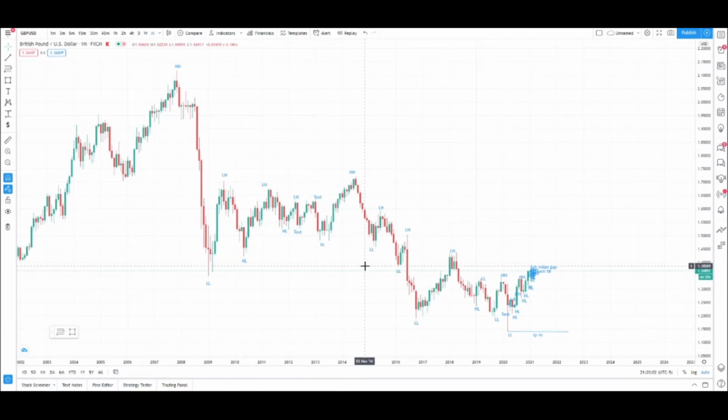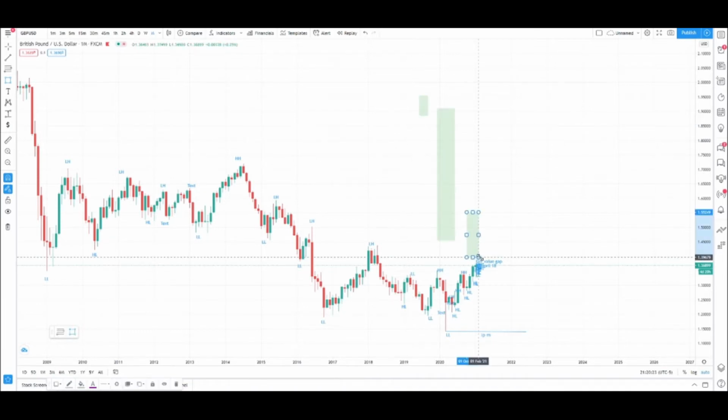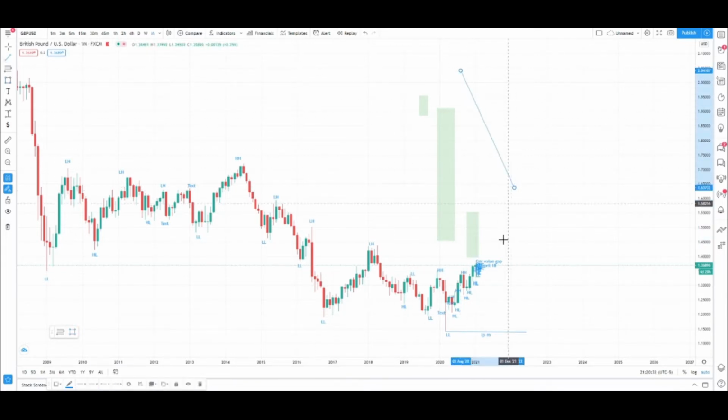To explain supply and demand, I have to explain a fair value gap, and the difference between that and a liquidity void. A fair value gap consists of three candles. Pretend we're in a downward trend, and we get a sharp movement to the downside.